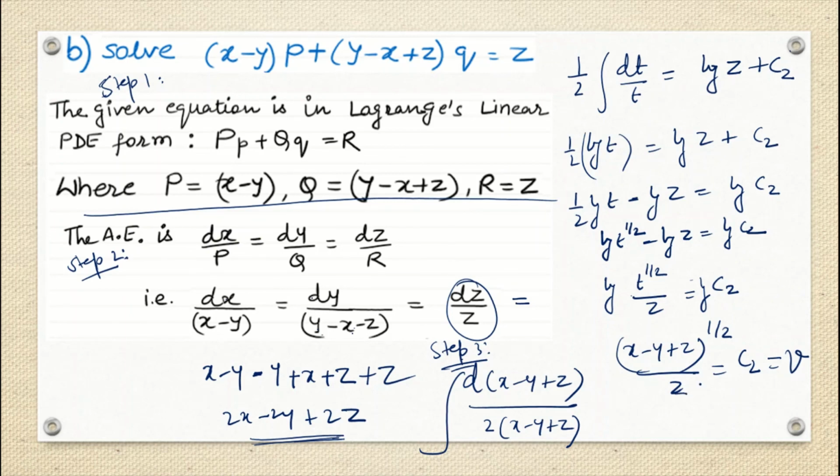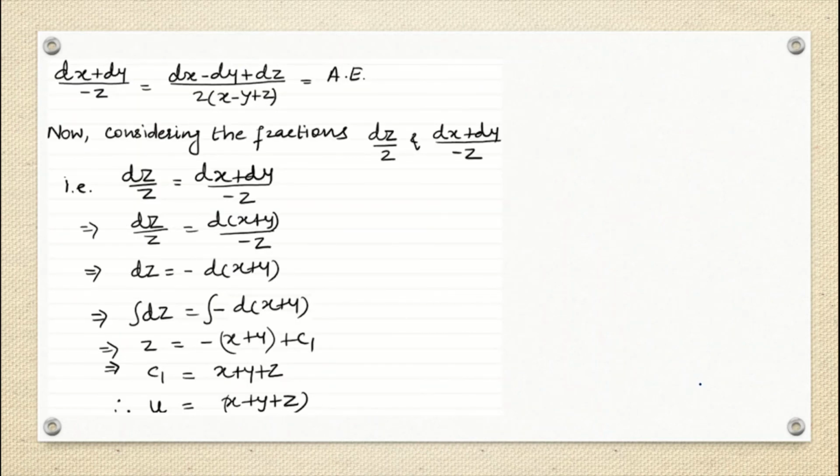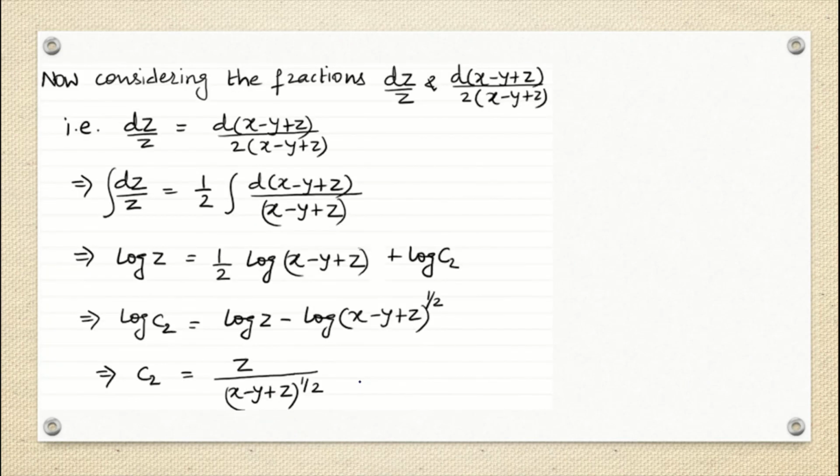Let's check what we have done. u is x plus y plus z, that is okay, and v is the same thing. So we got the answer. In this fashion we can also think, and in a few questions you won't be able to apply even the method of multipliers, then you have to use this kind of trick.